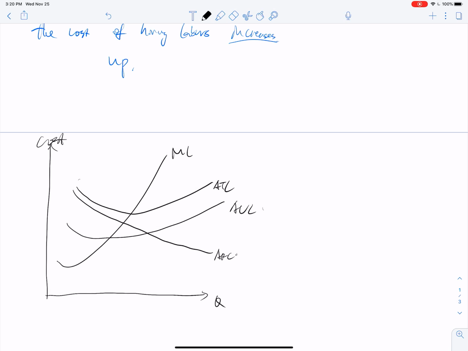Again, if it's cost, average total cost must be affected. And I already know average total cost is going to increase, right? But let me just wait a second and think about other curves that may be affected.